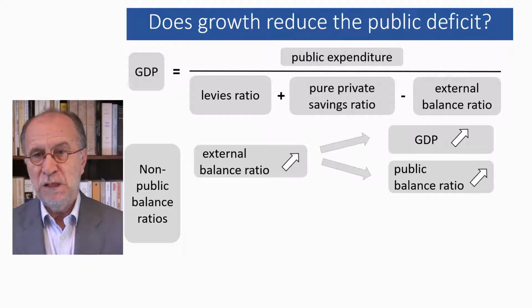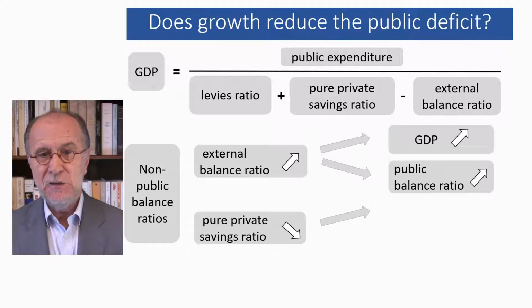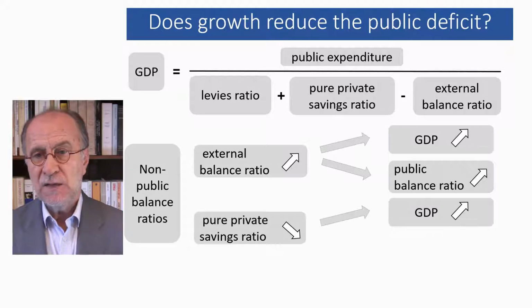The other non-public balance ratio that drives growth is the pure private savings ratio, only this time in the opposite direction. It is a fall in pure private savings that results in a smaller denominator, leading to positive GDP growth. As we saw in the deficit video, a falling pure private savings ratio also makes the public balance ratio go up.